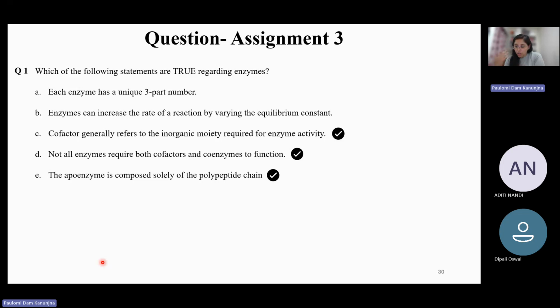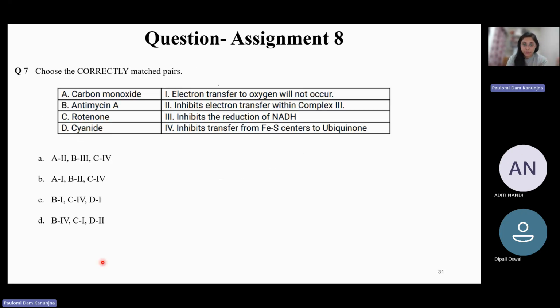So not all the enzymes require both of these together at the same time. And the last one says the apoenzyme is only composed of the polypeptide chain, which is also correct, which is basically just the protein part of the enzyme. And when you have the cofactor and coenzyme, it's the holoenzyme. So this is the basic nomenclature that you should remember.